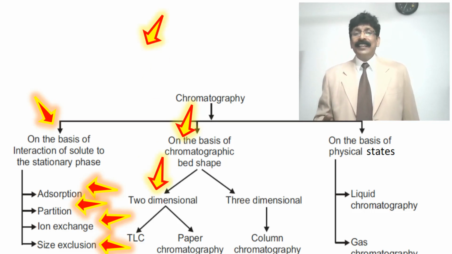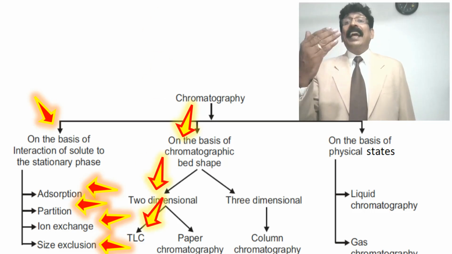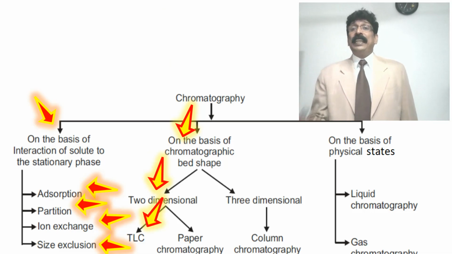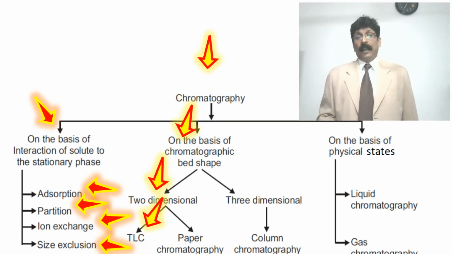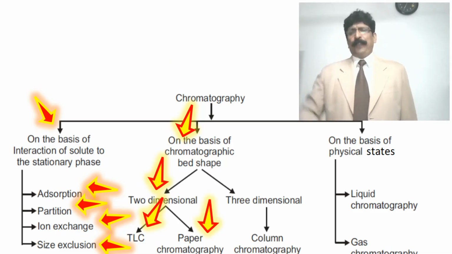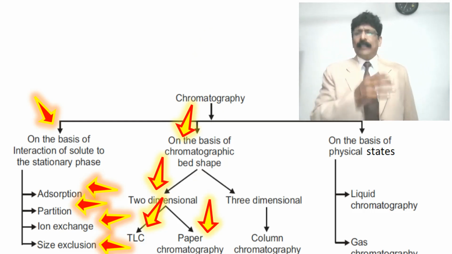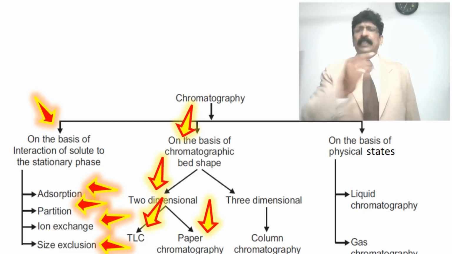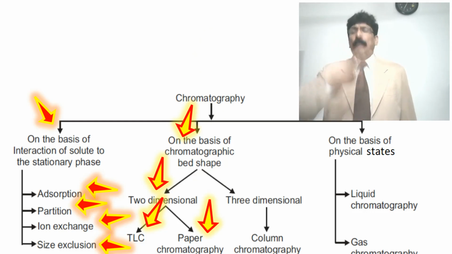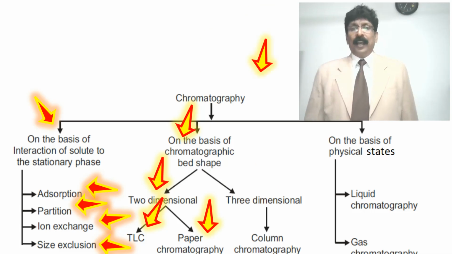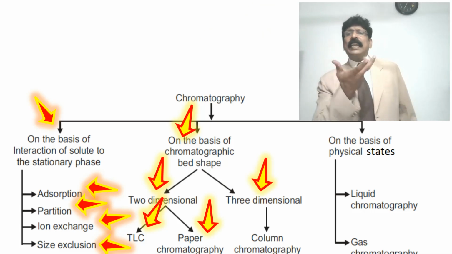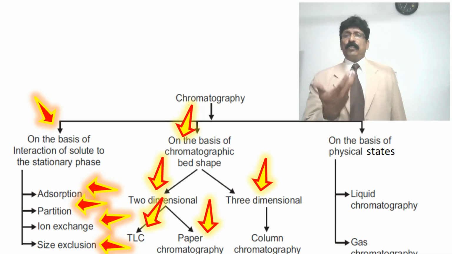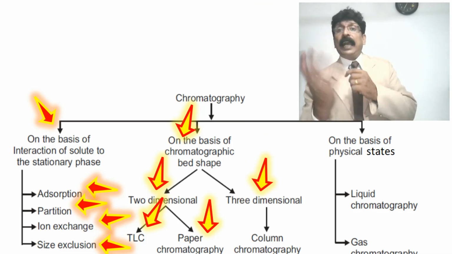So on the basis of chromatography bed shape: two-dimensional, thin layer chromatography, TLC, and paper chromatography, a paper, X and Y. Thin layer chromatography is also a plate with coating. Three-dimensional chromatography is cylindrical, you can see the column chromatography. So X, Y, Z, it's three-dimensional chromatography.